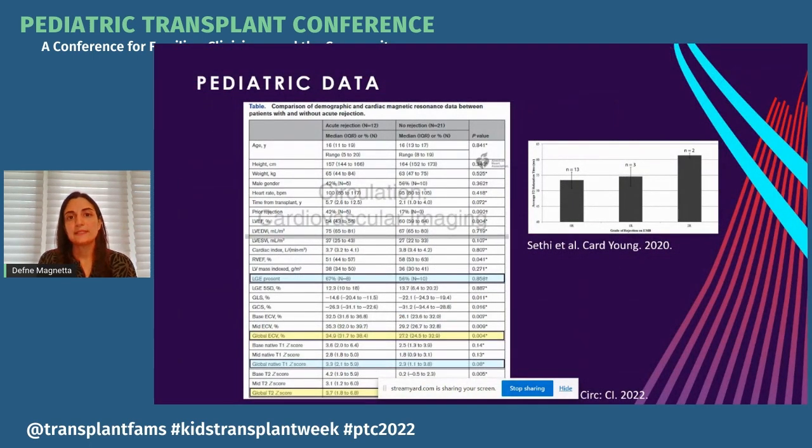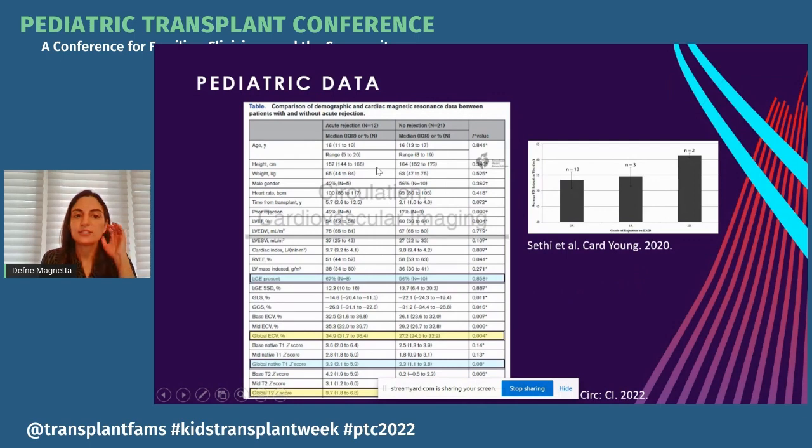Pediatric data is pretty limited still, but there's a lot of interest in some ongoing studies on this. For example, this earlier study from 2020, very limited in numbers, just showed a trend toward increased T2 in moderate rejection, but numbers too small to really analyze further.